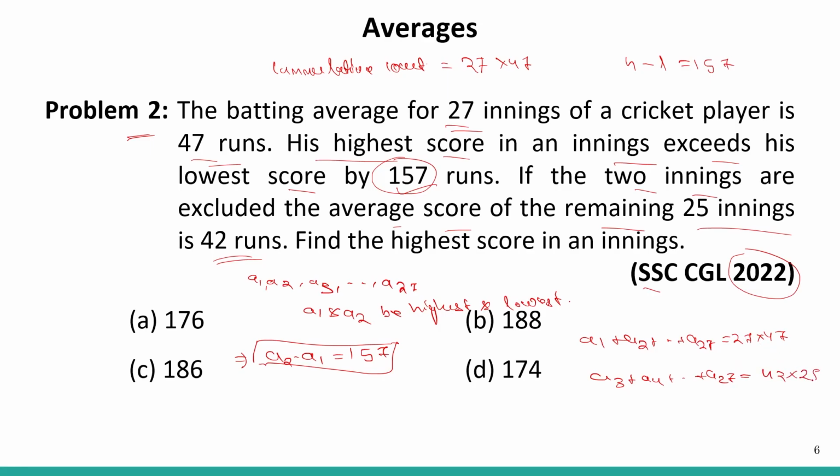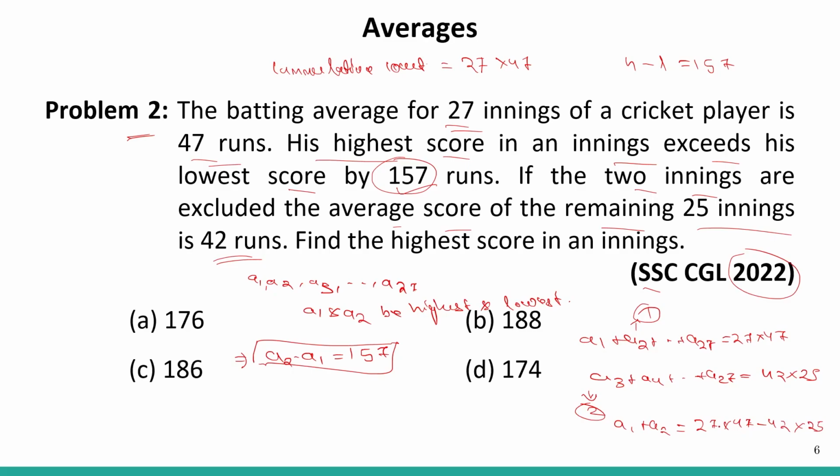So subtracting equation 2 from equation 1, we can evaluate A1 plus A2 is equal to 27 into 47 minus 42 into 25.